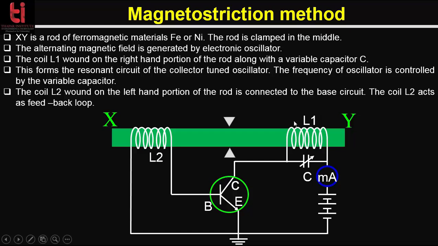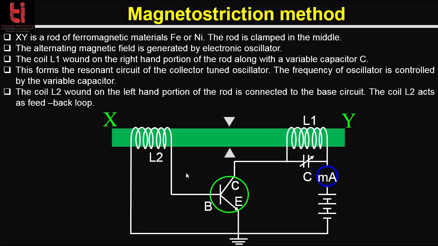The coil L1 wound on the right hand portion of the rod, along with a variable capacitor C, forms the resonant circuit of the collector tuned oscillator. The frequency of the oscillator is controlled by this variable capacitor C, and the coil L2 is wound on the left hand portion of the rod and connected to the base of the circuit.